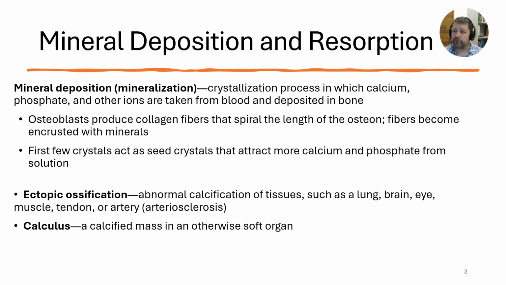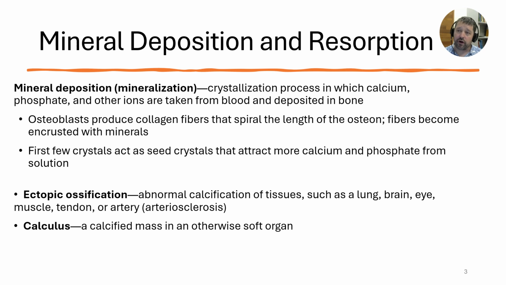Okay, and this can be very damaging depending on the tissue type. It can result in some abnormal actions, whether that be in the brain or in the lungs or the eye, the arteries. If you get ectopic ossification, that's when calcium builds up in these tissues.